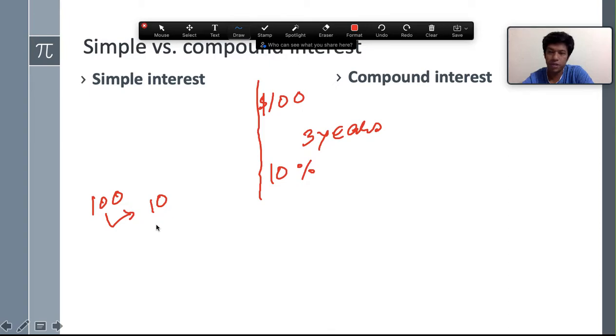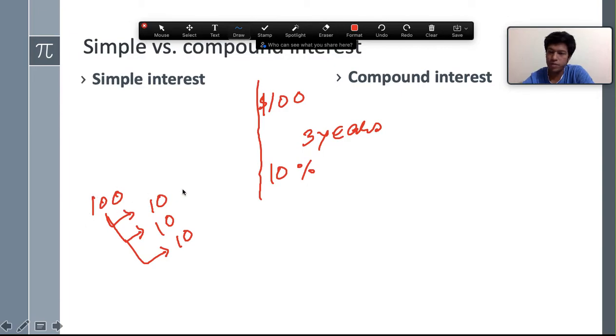By the second year, they will give you another $10 extra from $100, because 10% of 100 is $10. By the end of the third year, they will give you again $10.